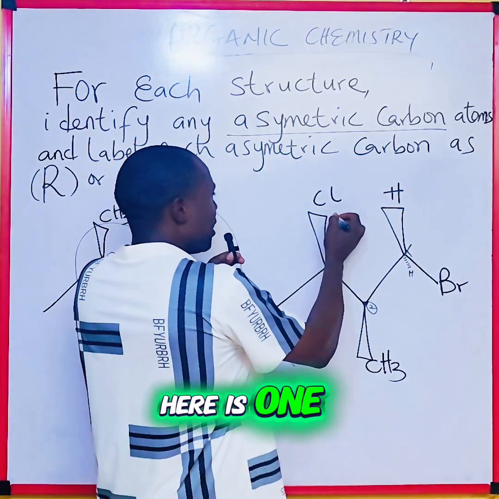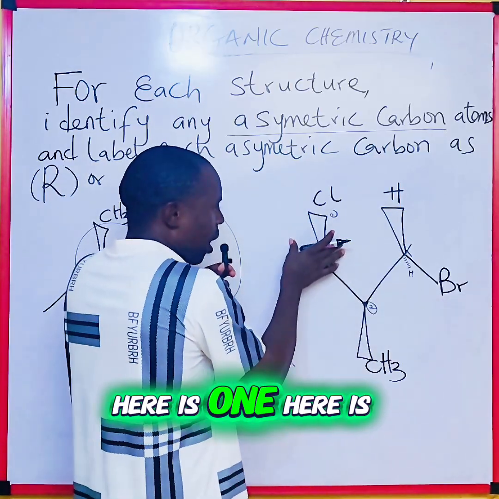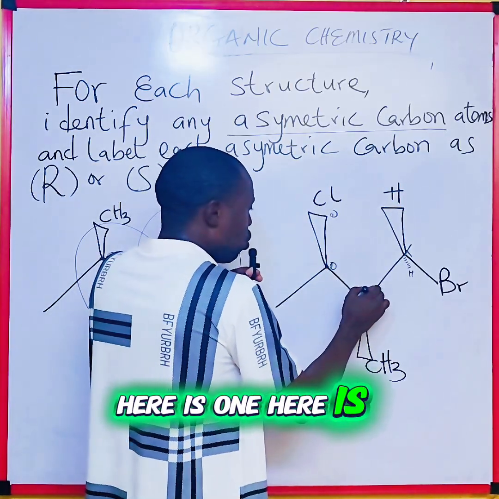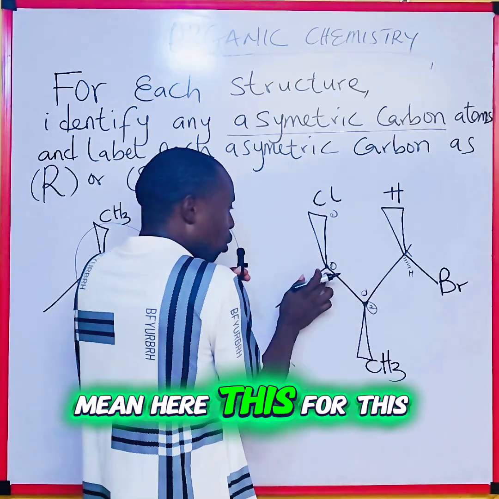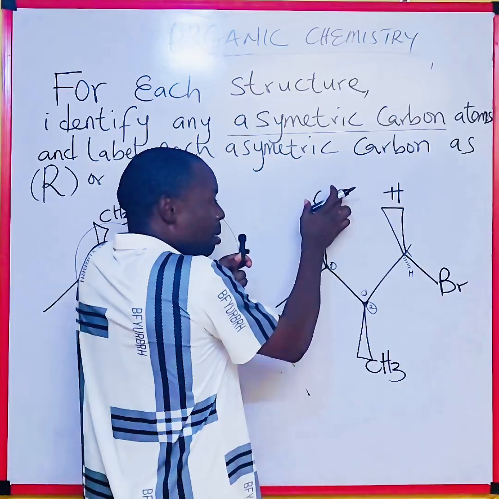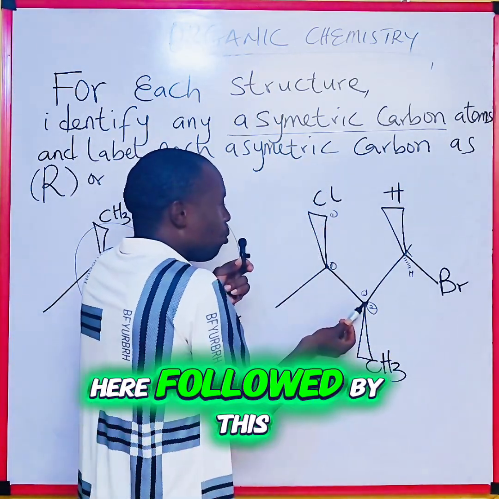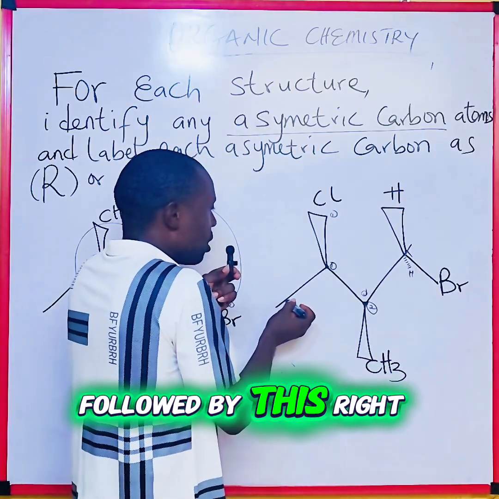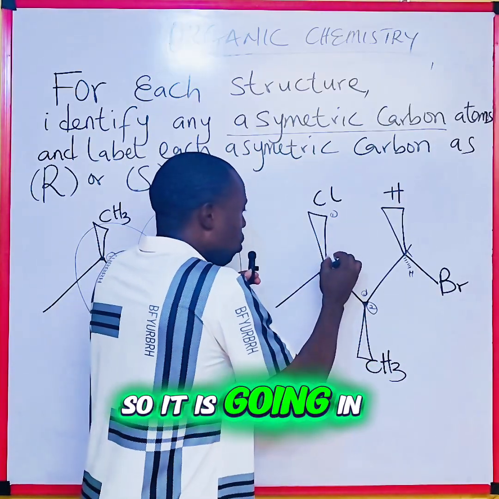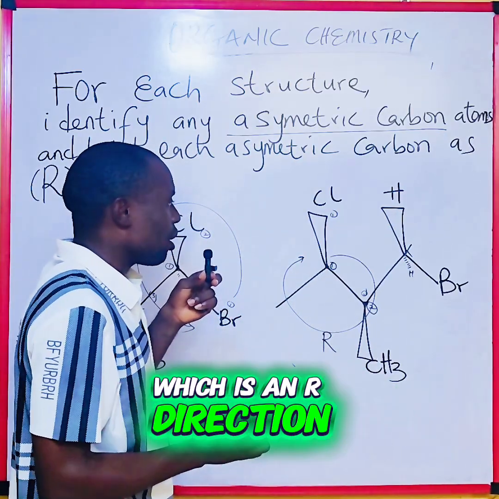Now we'll move to this other one here. For this carbon here, here is 1, chlorine. Remember that you rank based on atomic number. Here is 1, the higher priority, followed by this. So it is going in this direction, which is an R direction.